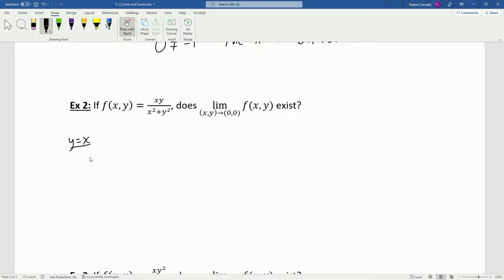So then our limit will look like what? x is approaching 0 of x times x, which is x squared, over x squared plus x squared, which is 2x squared. X squared over x squared cancels, so this is really just the limit as x approaches 0 of 1/2, but the limit of a constant is just that constant, so that's 1/2.